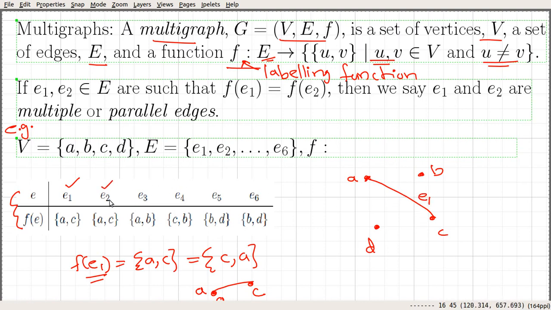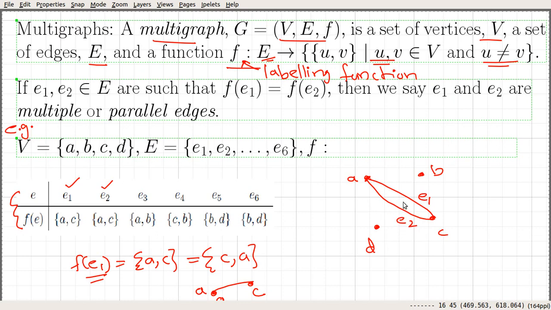Let's consider E2. F of E2 is also AC. So now we have these multiple edges or parallel edges, and in order to distinguish between these edges, we have this labeling function. That's why it is called the labeling function. Now we can distinguish this edge from this edge because they have two different labels, E1 and E2.